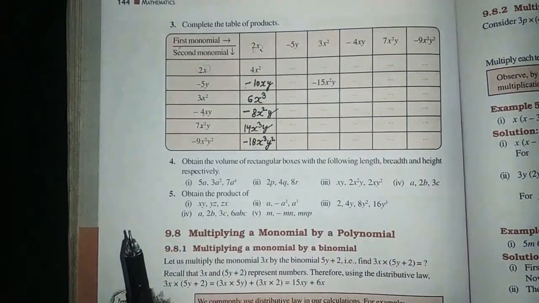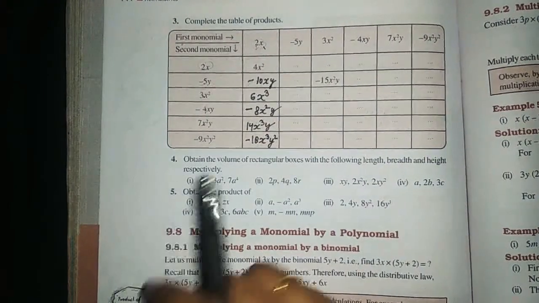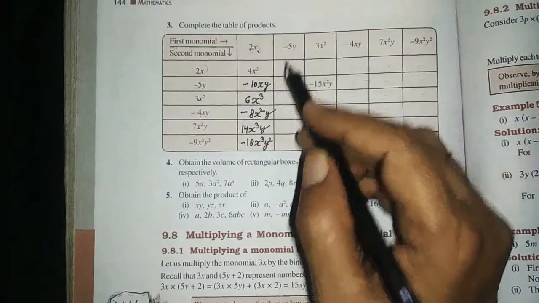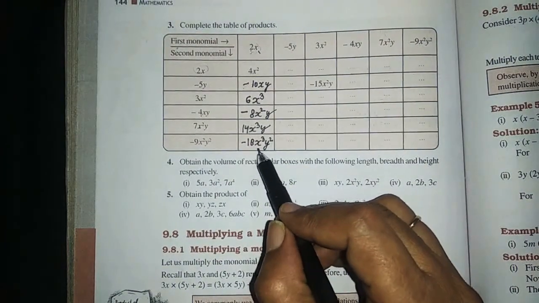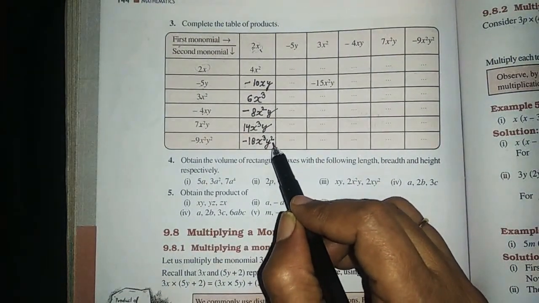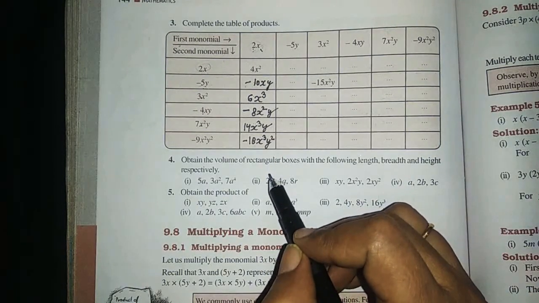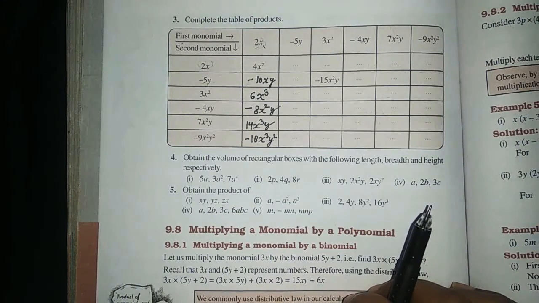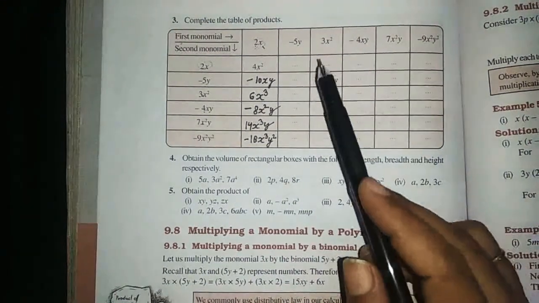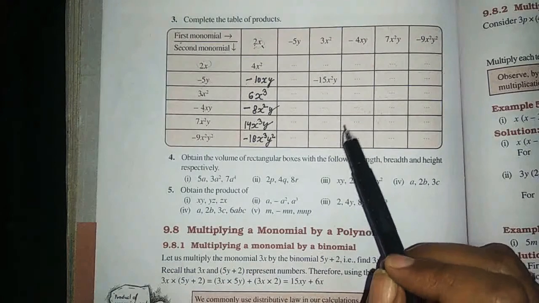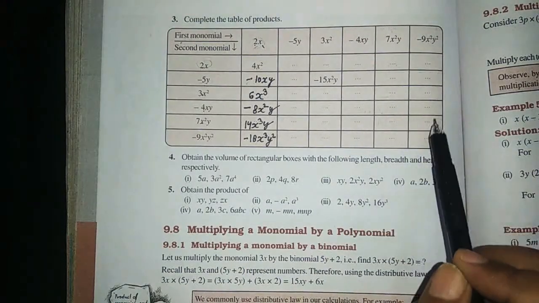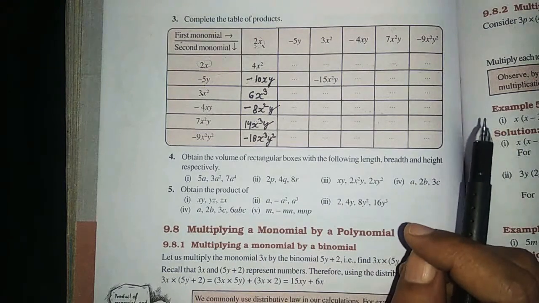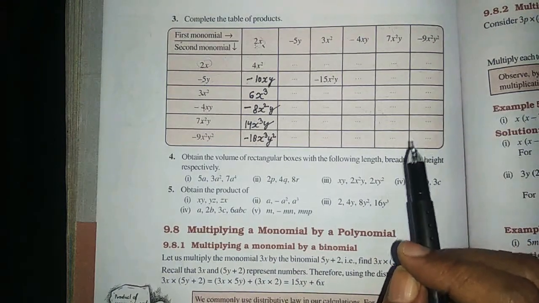So the result of multiplication of minus 9x square y square and 2x is minus 18x cube y square. Now students, rest parts you will solve yourself. Like this you will complete the second column, third column, fourth, fifth and sixth column of this question, and you will complete the question in your notebook.